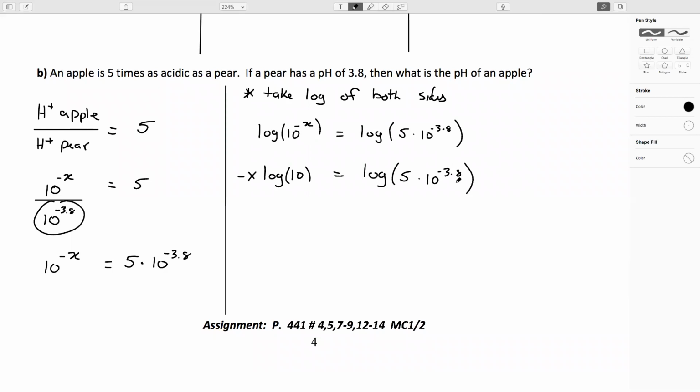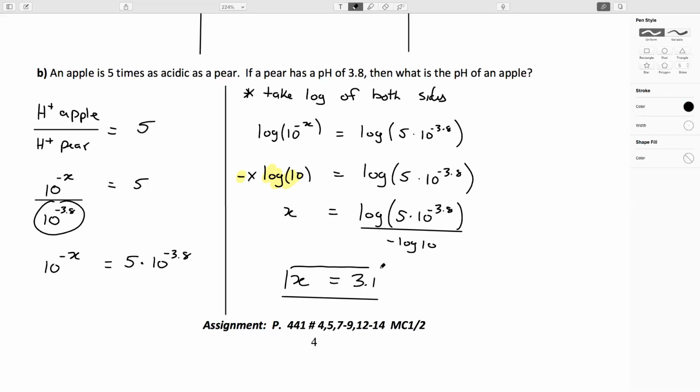And if I want to solve for x, I just have to divide by minus 1 and log 10. So x equals log of 5 times 10 to the minus 3.8 over negative log 10. And what I'm going to get is that x equals 3.1.